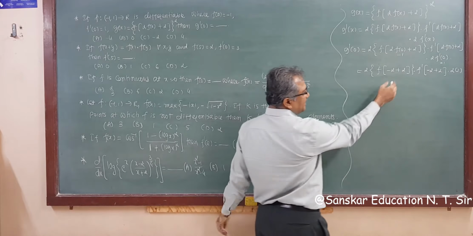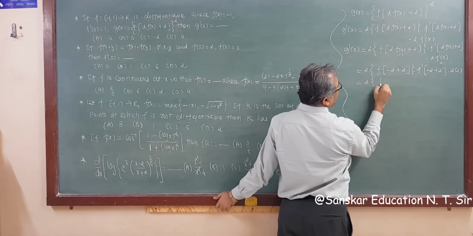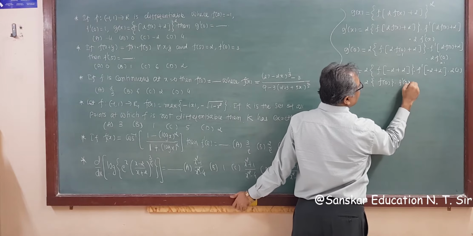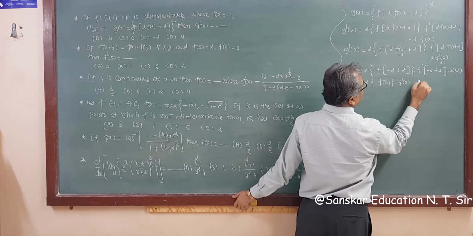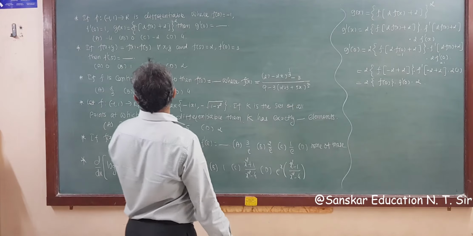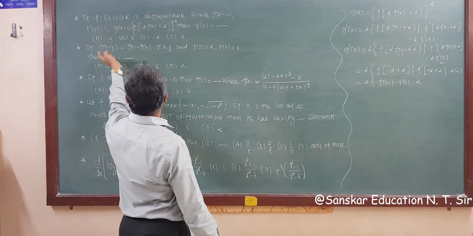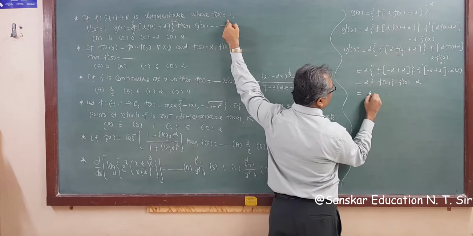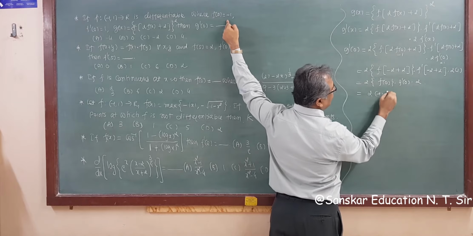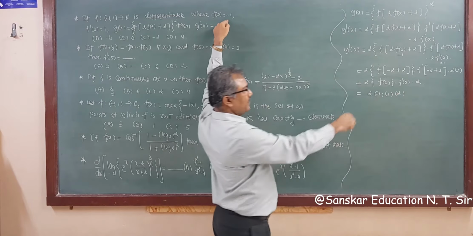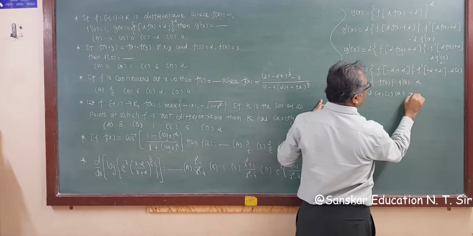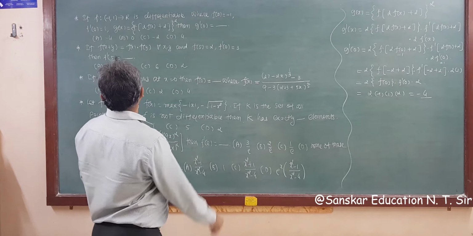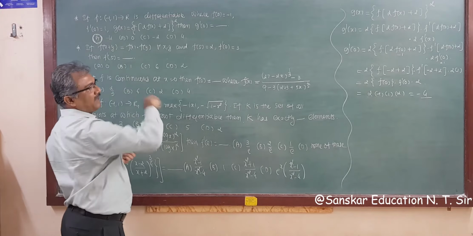This is 2 times f(0) into f dash 0 and this is 2. Now f of 0 is minus 1, so this is 2 into minus 1 and f dash 0 is 1 into 2. So final answer is minus 4. That is your option A is the correct answer.